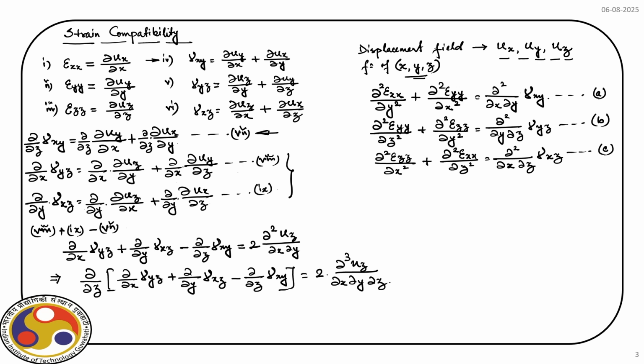Now, if you look at this right hand side, we can actually simplify this and we can rewrite this expression. So, we have 2 times... right, and we can identify this quantity is nothing but epsilon zz.